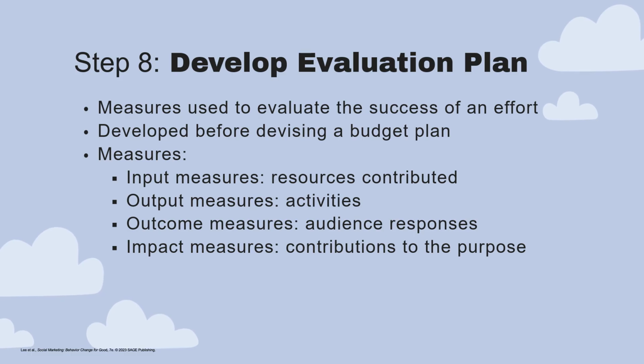There are typically four categories of measures. Input measures measure resources contributed to the campaign. Output measures are the campaign's activities. Outcome measures the audience responses and change in knowledge, belief, and behavior. And the impact measure contributes to the effort's purpose.